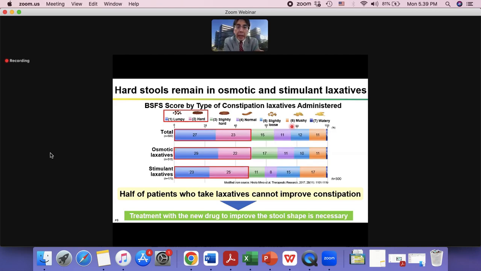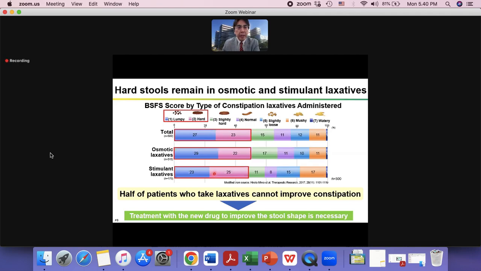In Japanese clinical settings, Professor Miwa reported that hard stool remained with osmotic or stimulant laxatives. You can see here that of the patients prescribed an osmotic laxative, half show hard stool, and of the patients taking a stimulant laxative, half also show hard stool.